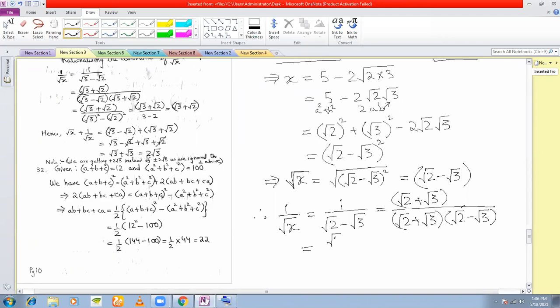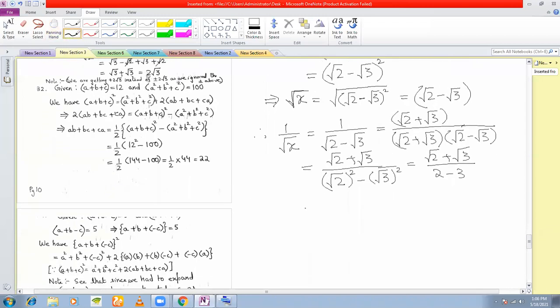So this is root 2 plus root 3 divided by the denominator a square minus b square. So this is root 2 plus root 3 divided by simply 2 minus 3. So in the denominator you have got negative 1, a negative sign which you can always take into the numerator. So what you get here is minus root 2 minus root 3.